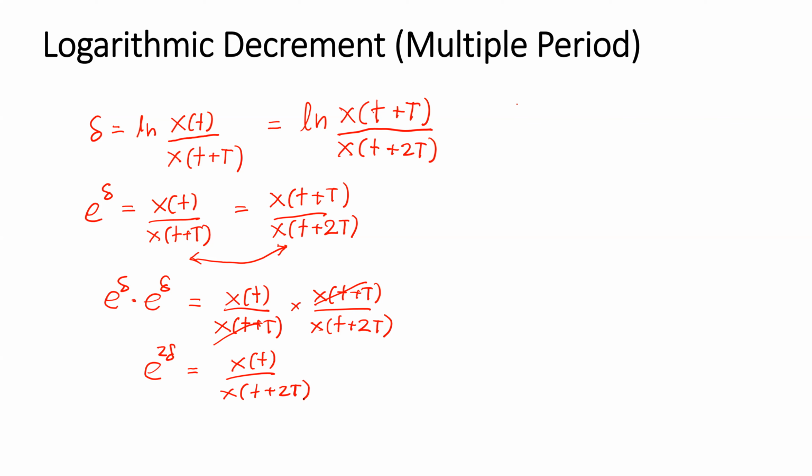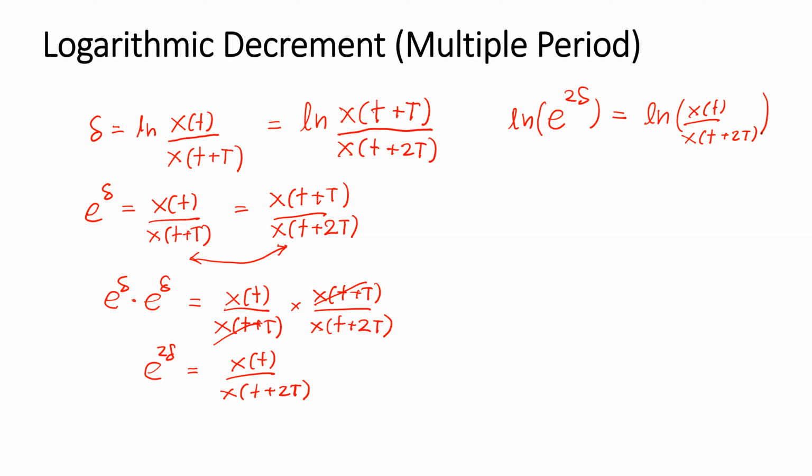If we take log on both sides of the equation, what we have is log of this is equal to log of x t divided by x t plus 2 periods.